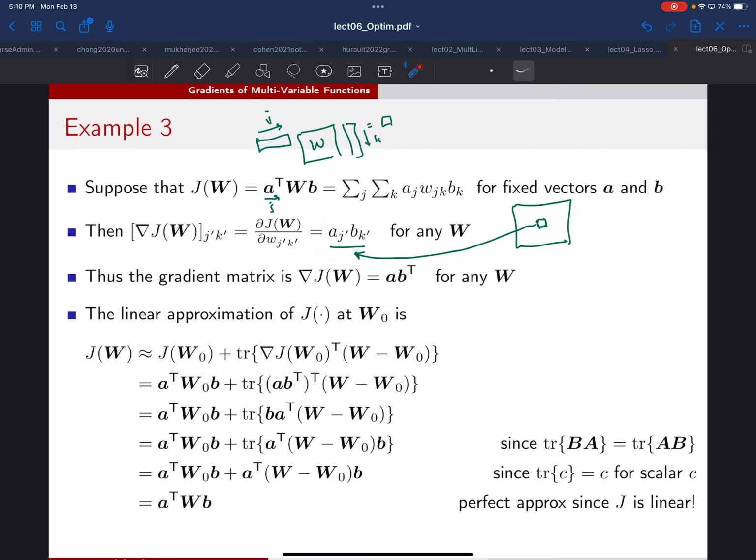This tells you for any j' k' entry, this is what it is. So that means that if you go down the rows of here, you're changing the j's. You're just going through the different values of this A vector. And if you go across the columns, you're just moving across these k's. So really, when it's all said and done, you have an A vector, column vector, times a B transpose row vector.